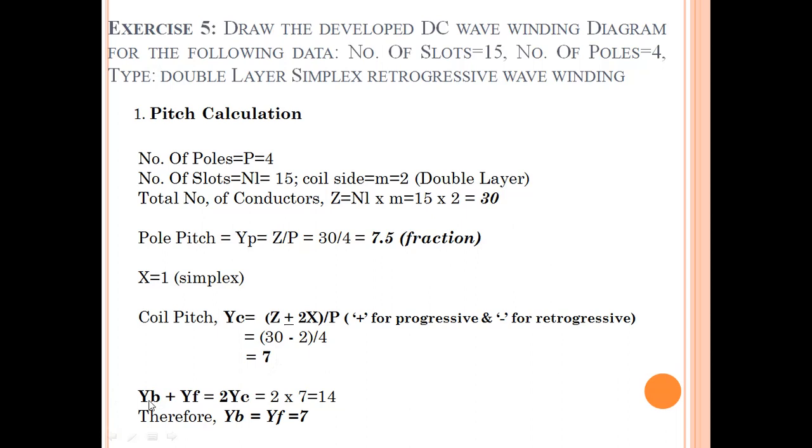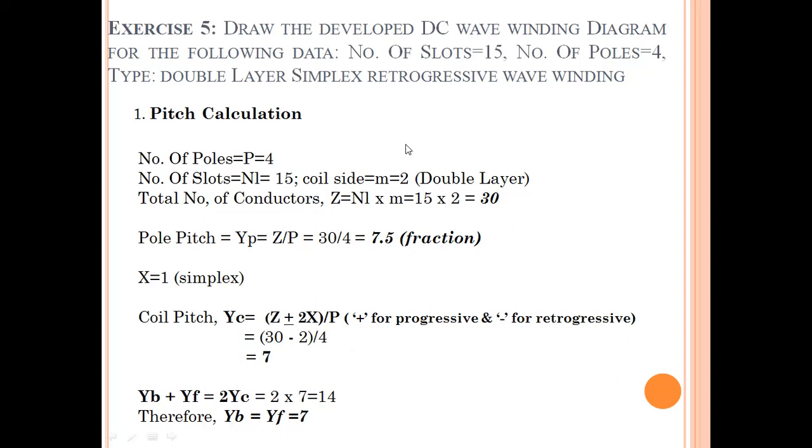And we have one more equation, YB plus YF equals 2YC. From this, 2 into 7 gives 14. We also know that the back pitch and the front pitch should be odd numbers, near to the commutator pitch. It means YB equals YF equals 7. Clear? So the back pitch and the front pitch are equal to 7 for retrogressive wave winding.